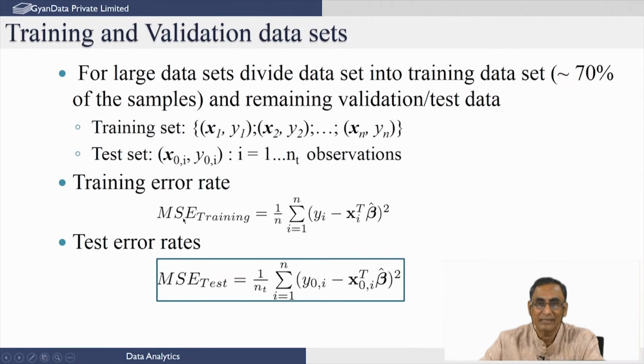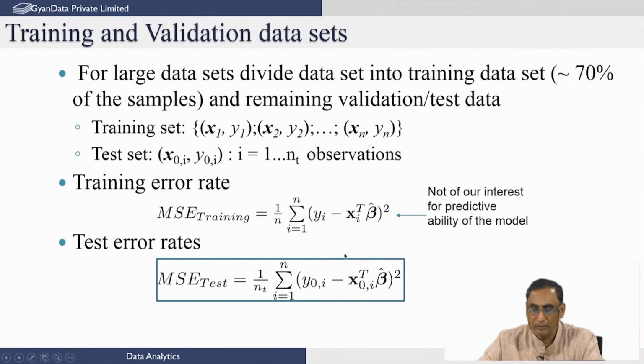You can do a similar thing for the validation set. You take the difference between the observed value in the validation sample set and the predicted value for the validation samples, square it over all samples, and take the average. That is called the mean squared error on the test or validation set.